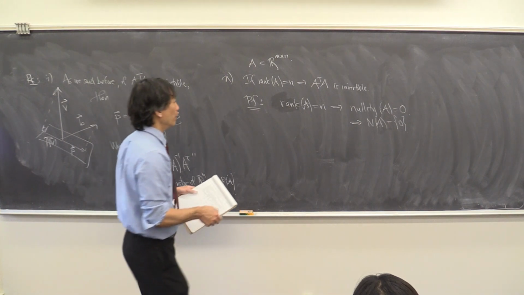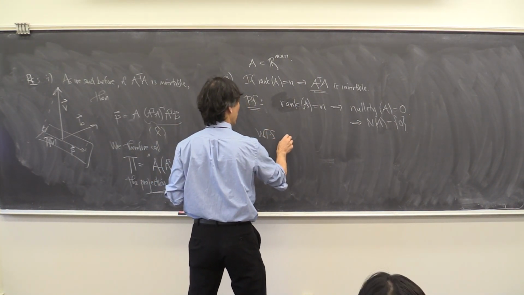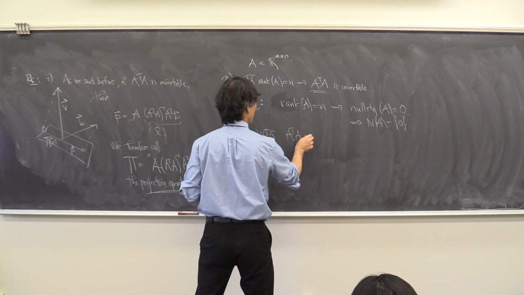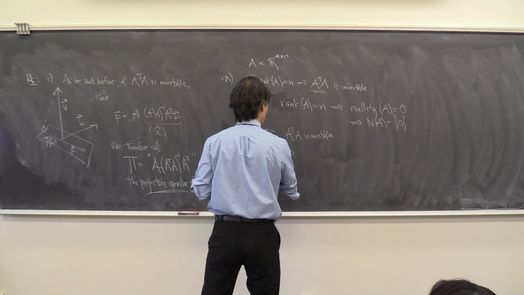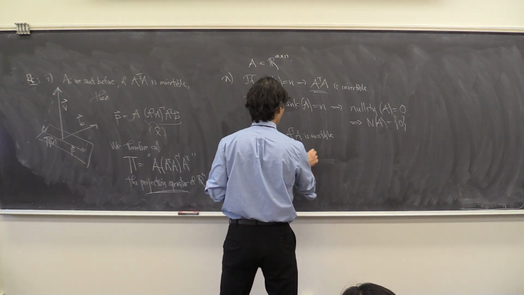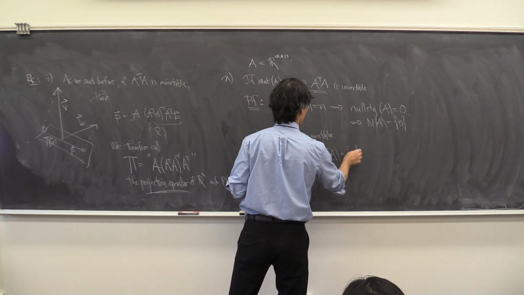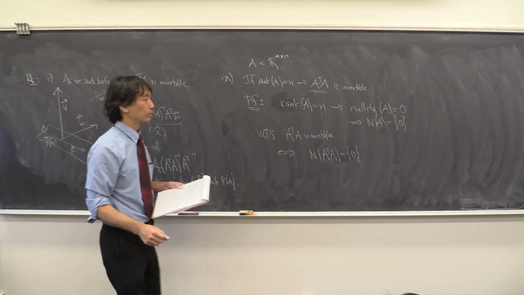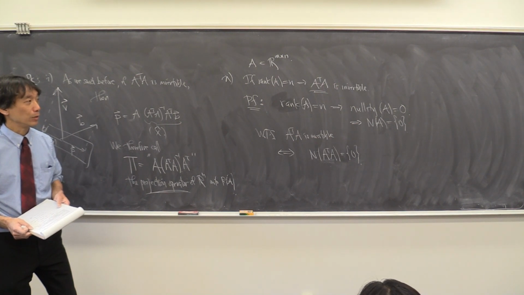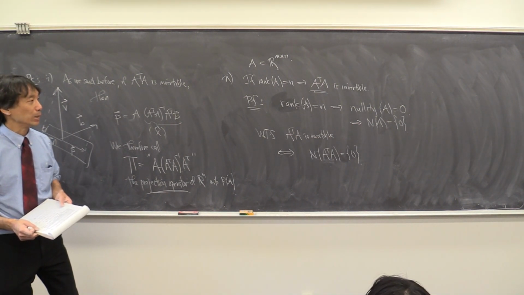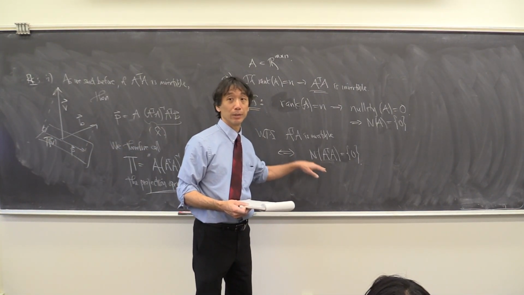Okay. So we want to show that A^T A is invertible. That's the same thing as saying that the null space of A^T A is 0.